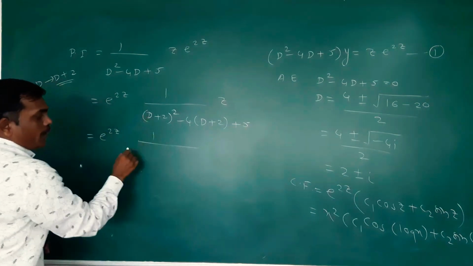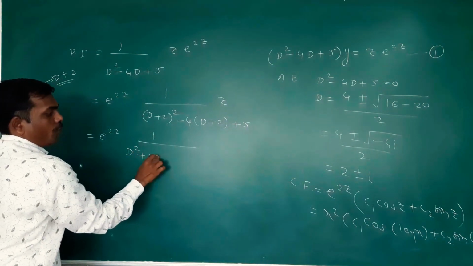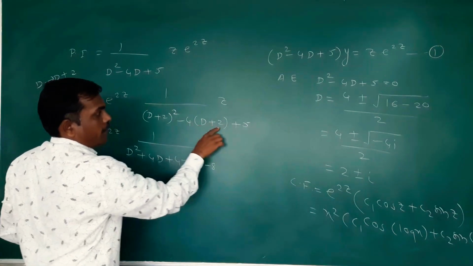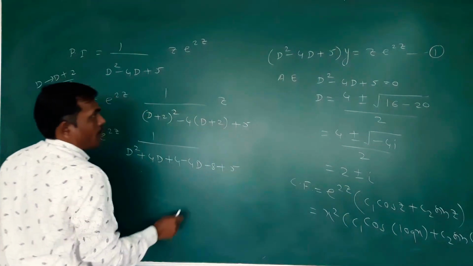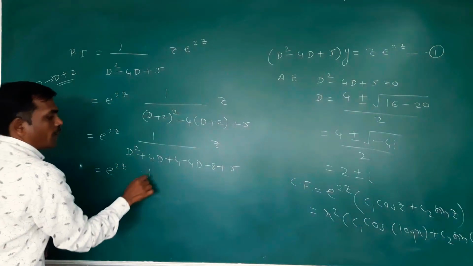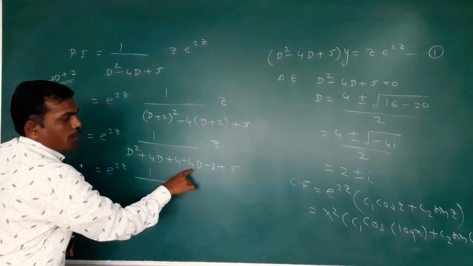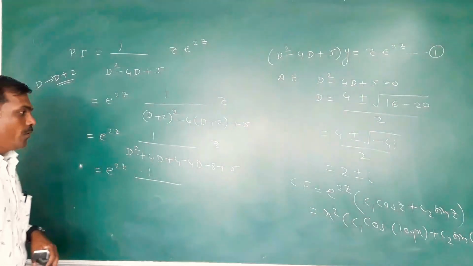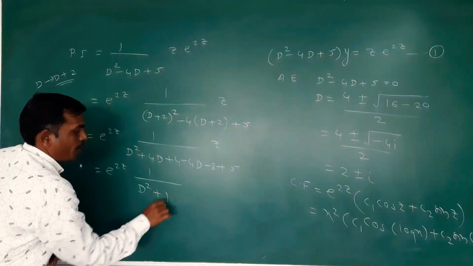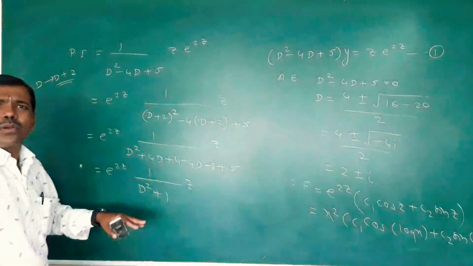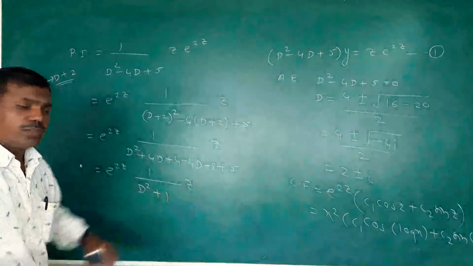Simplify this. D square plus 4D plus 4 minus 4D minus 8 plus 5 operating on z. So our answer is e raised to 2z, 1 upon, 4D and minus 4D get cancelled, 4 plus 5 is 9, 9 minus 8 is 1. So I get D square plus 1 operating on z. For z, the power of x, we use the formula.